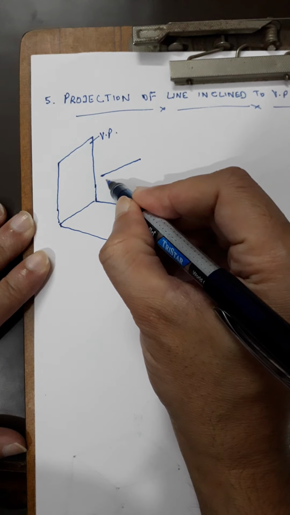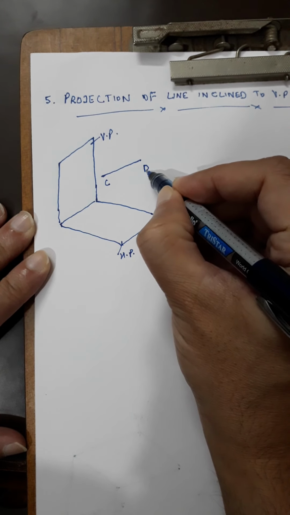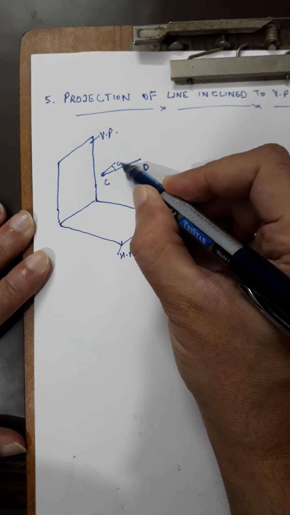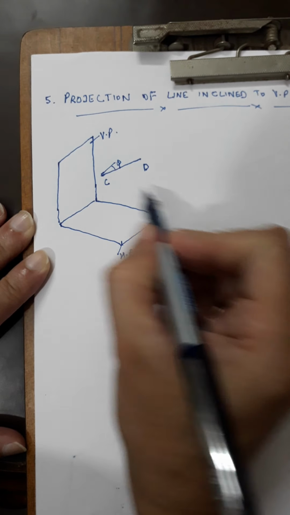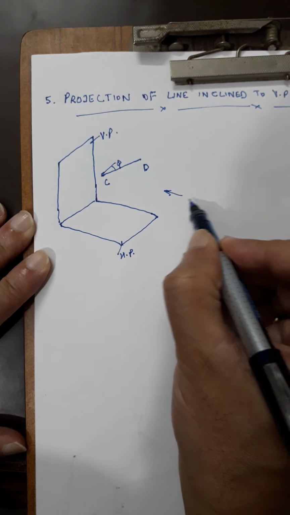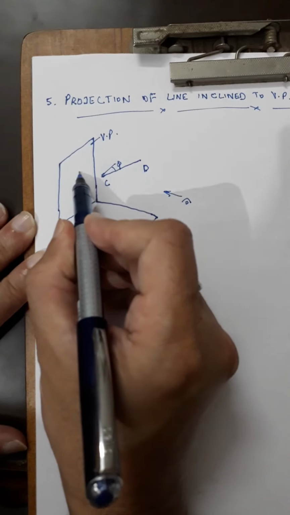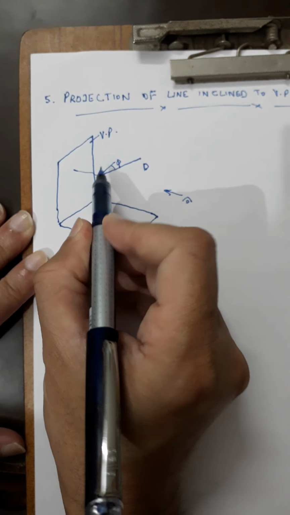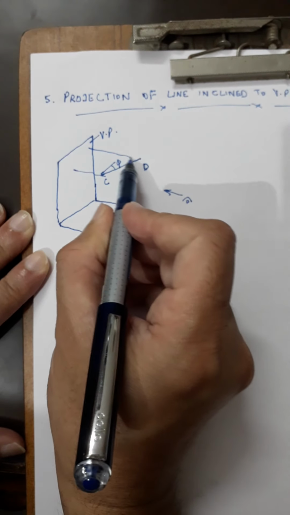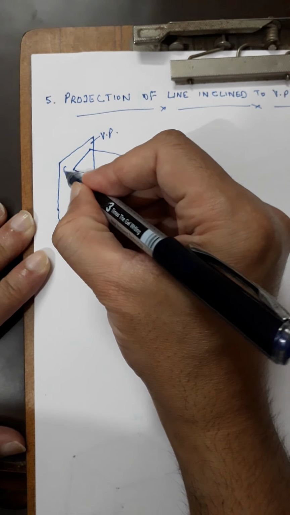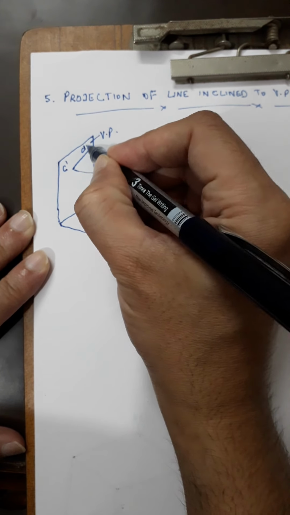Say this is CD, and it is inclined to the vertical plane at some angle phi. Now when you see from this side for the front view, what you project will be foreshortened, so you get a shorter length. This will be its front view, C dash D dash.